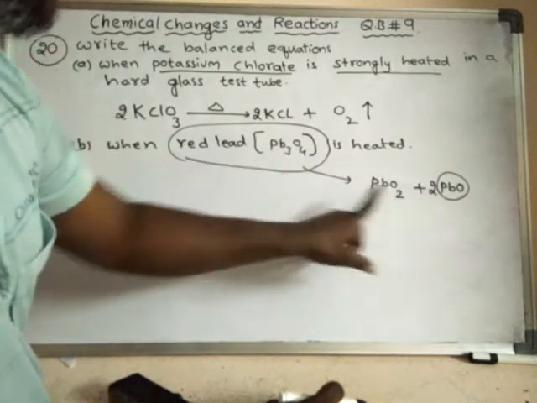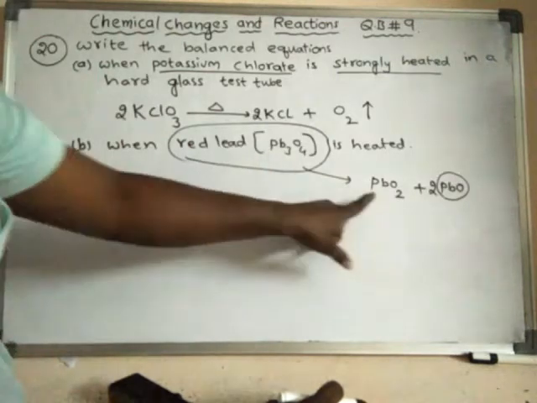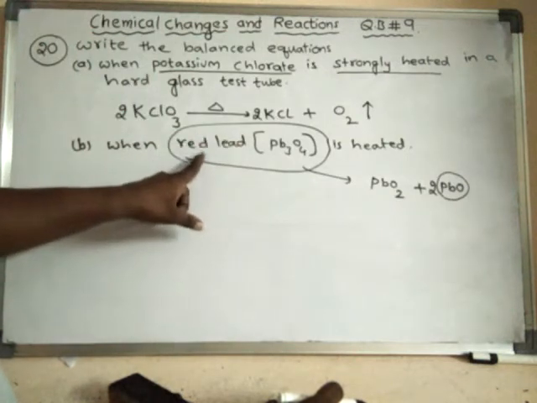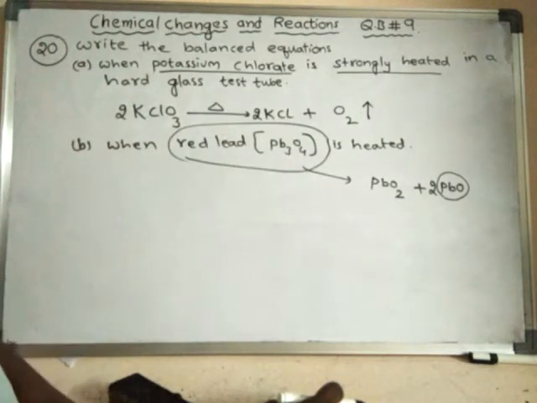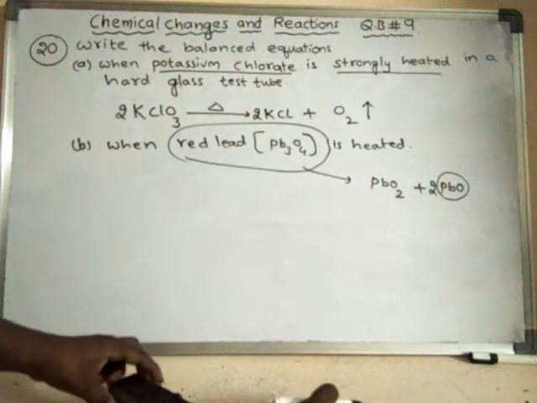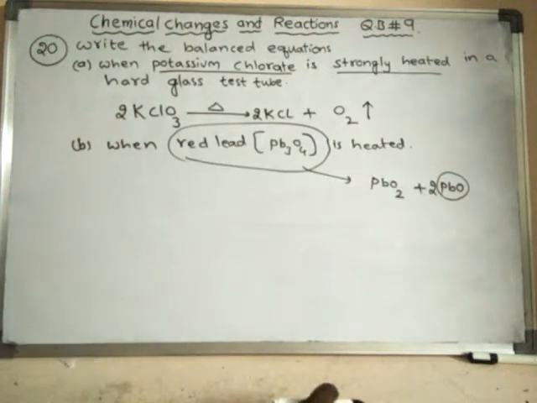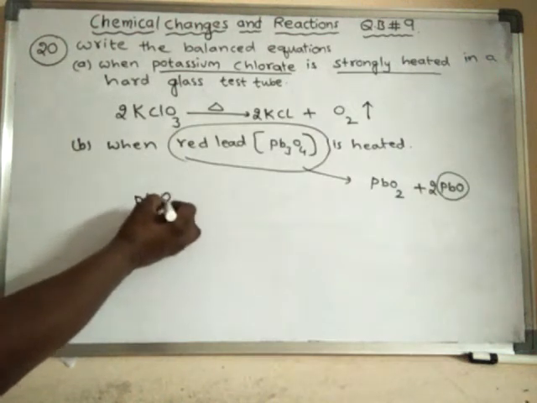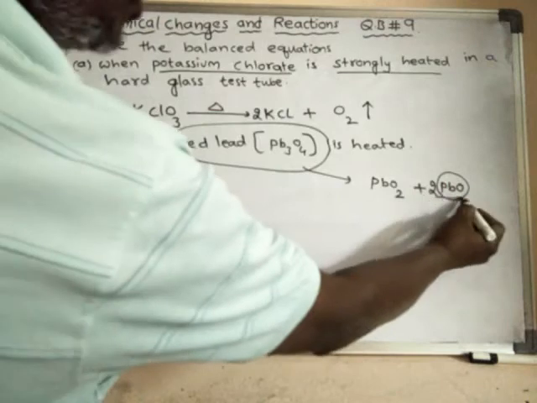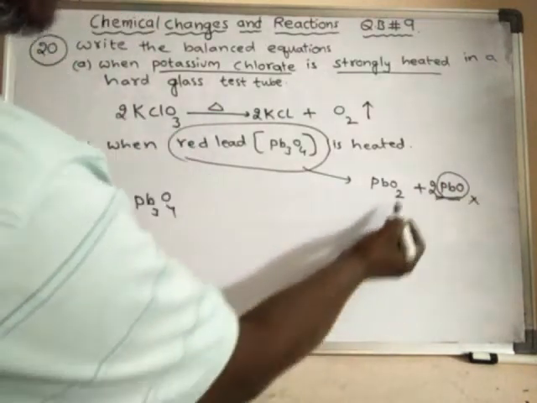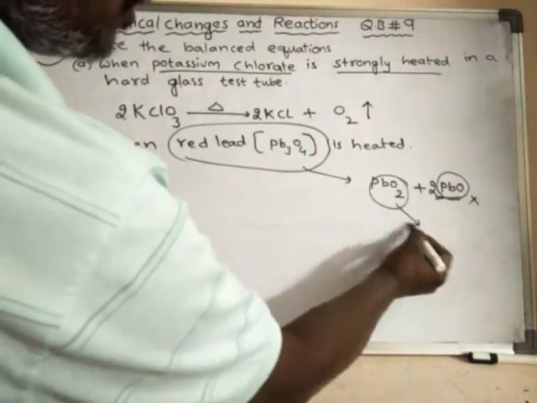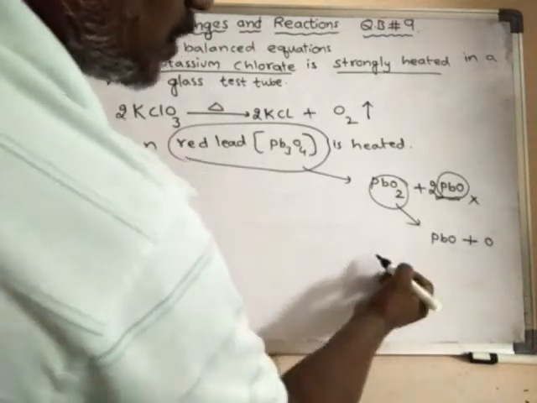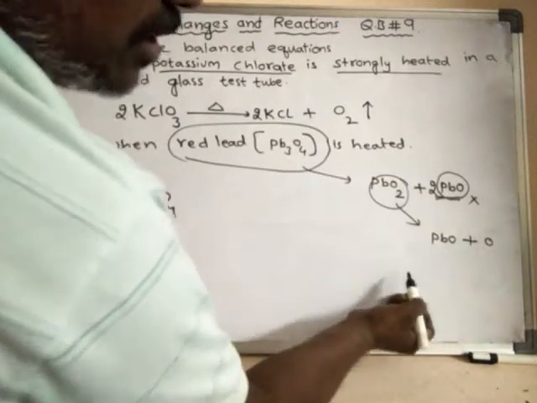Together the mixture is in the form of red lead. In Telugu we call it jaju. When this mixture Pb3O4 is heated, the monoxide does not change, but the dioxide will break down into PbO and oxygen.